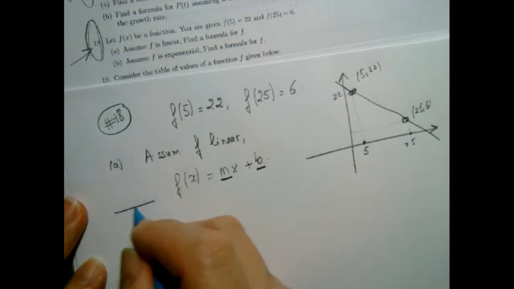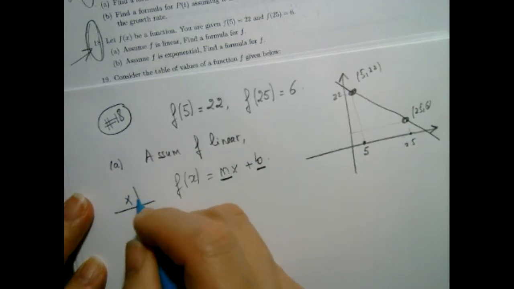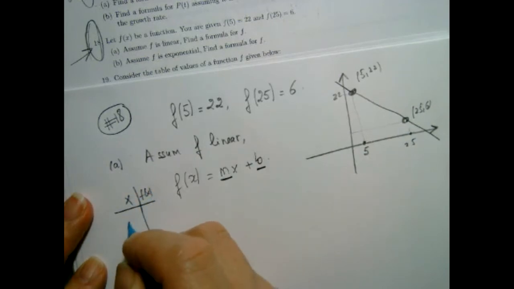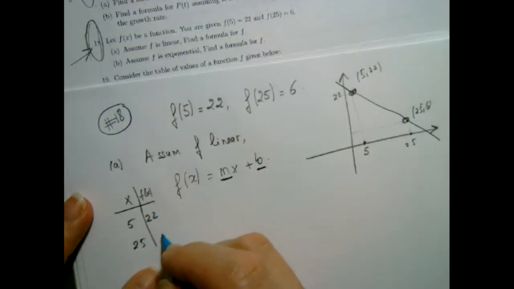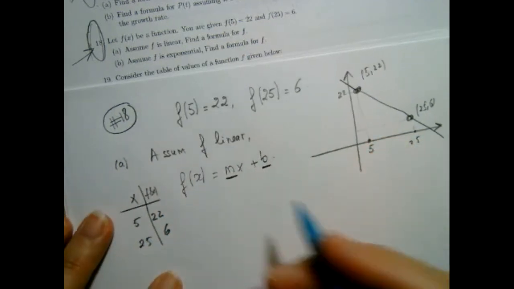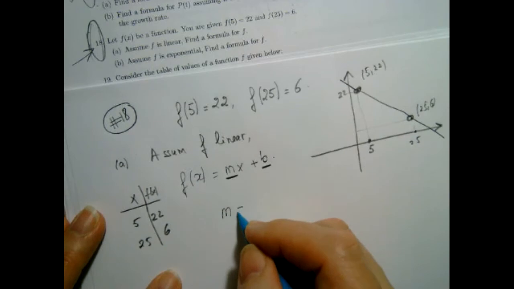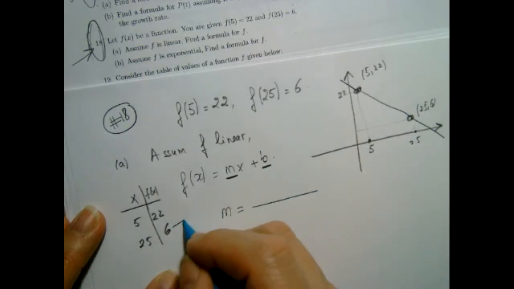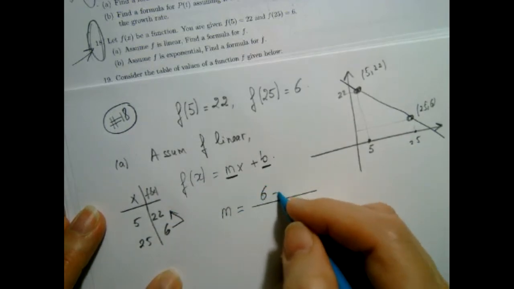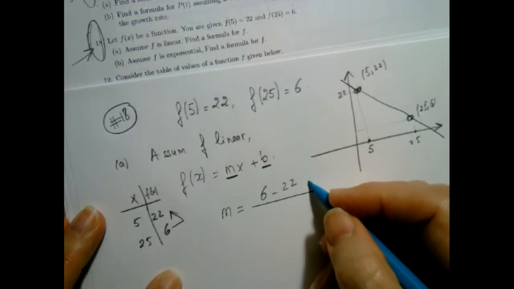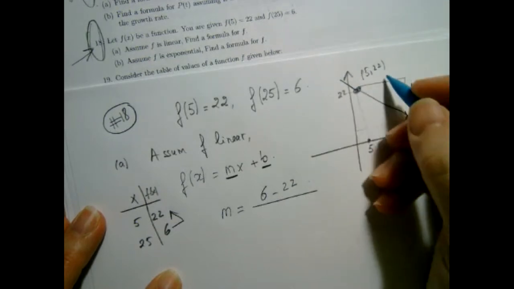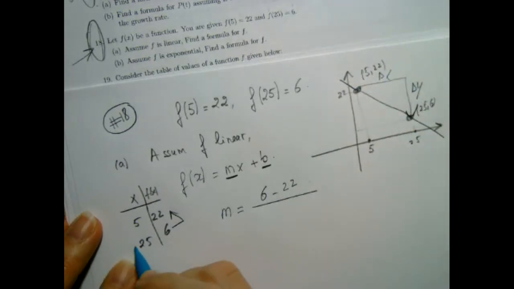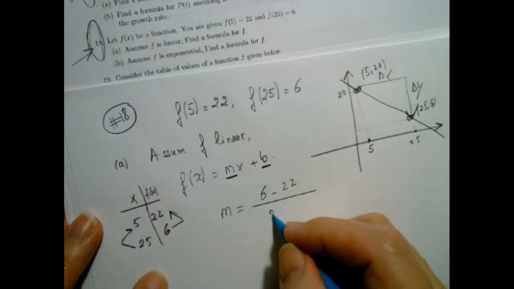So let me write a table with the values x and f of x. For 5, I have 22. For 25, I have 6. So first I need to find the slope. It's y2 minus y1, the change in y over the change in x, which is 25 minus 5.